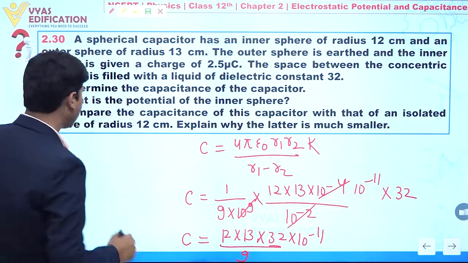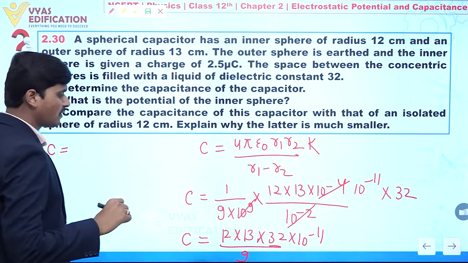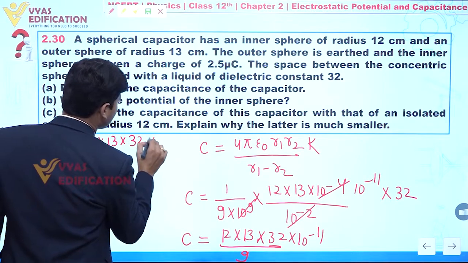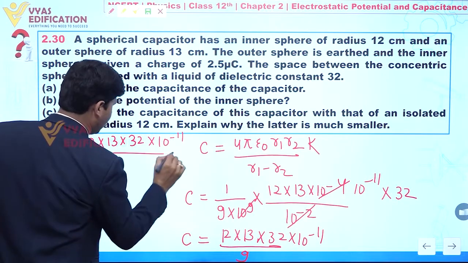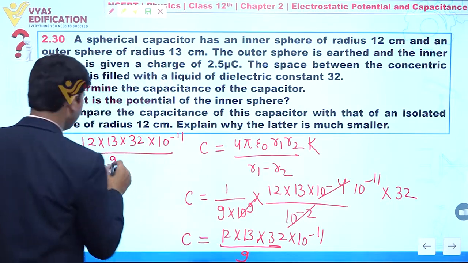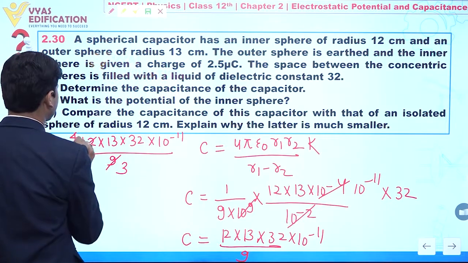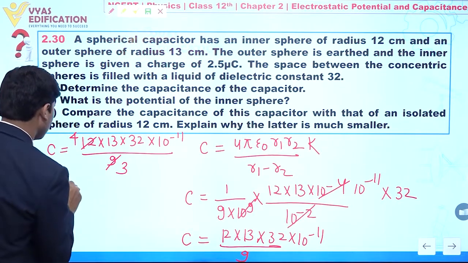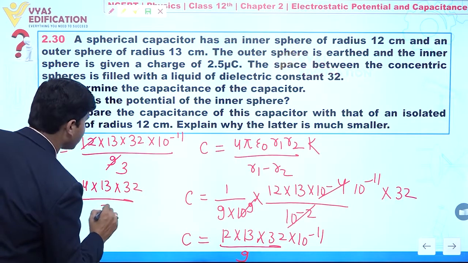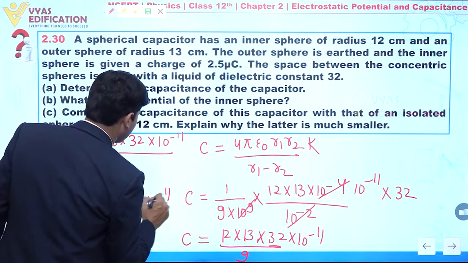So we can write like this, value of C is given by 12 multiply 13 multiply 32 into 10 to the power minus 11 divided by 9. Clear? So we can say this is 3, this one is 4. Clear? So 4 into 13 into 32 divided by 3 into 10 to the power minus 11.